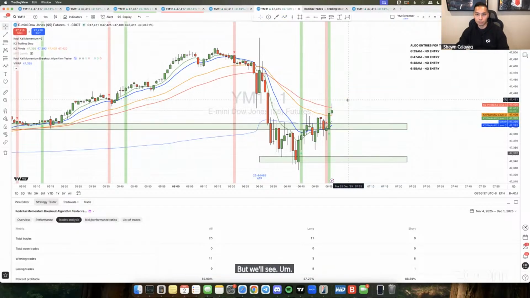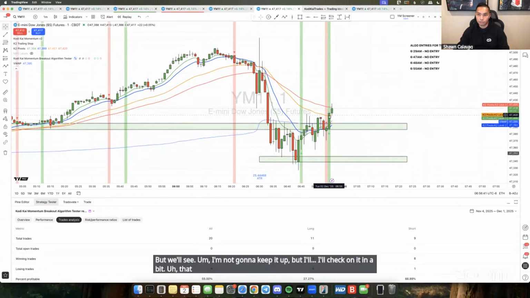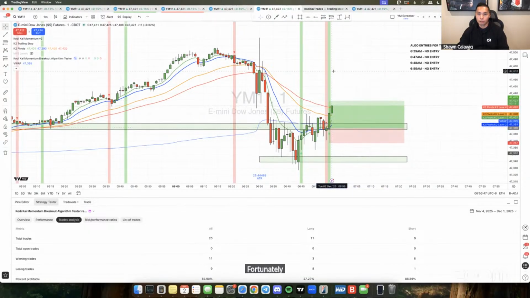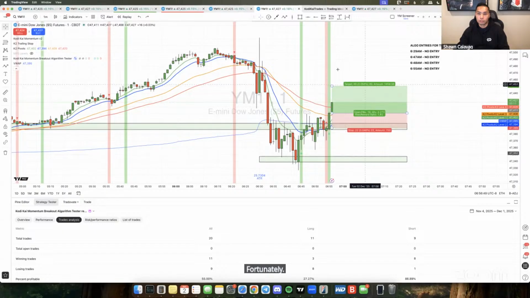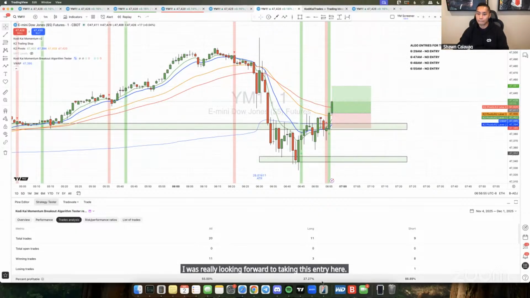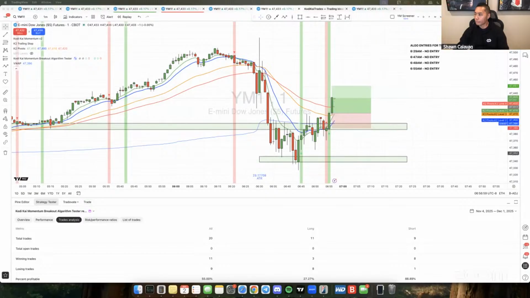I'm not going to keep it up, but I'll check on it in a bit. That was going to be our first target entry for the day, 655 for a buy. Fortunately, that was not the case here today. I was really looking forward to taking this entry here.